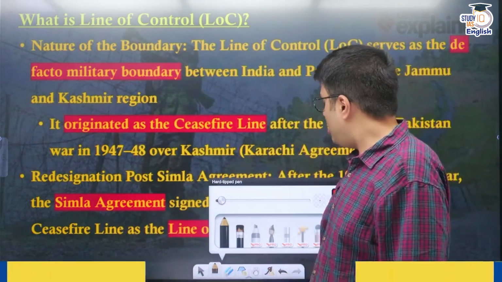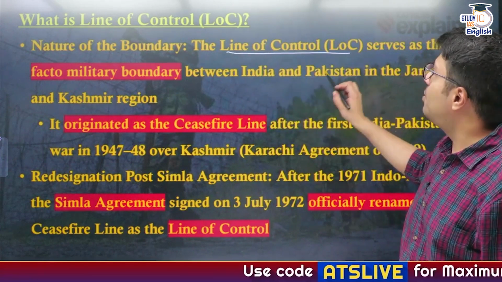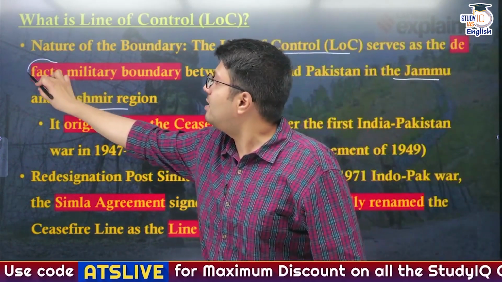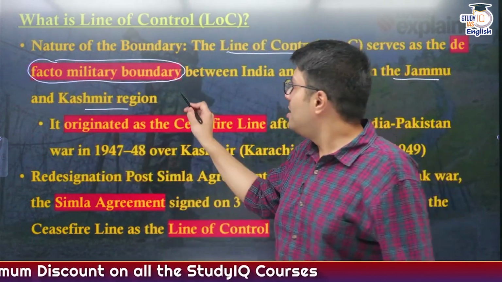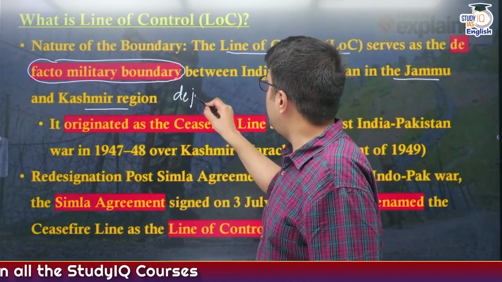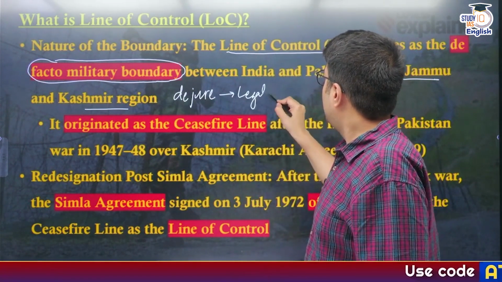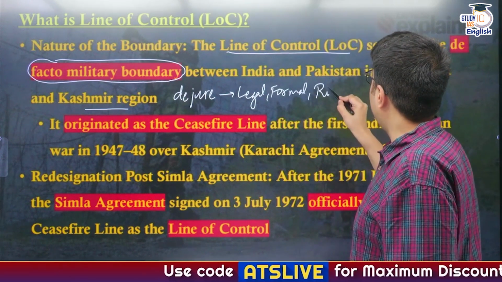Now, if you look at the nature of the boundary between India and Pakistan, this is called the line of control in the states of Jammu and Kashmir, and this serves as a de facto military boundary between these two countries. Now, what is the de jure term, which you might have heard in your polity classes? De jure means legal, it means formal, and it means rightful.